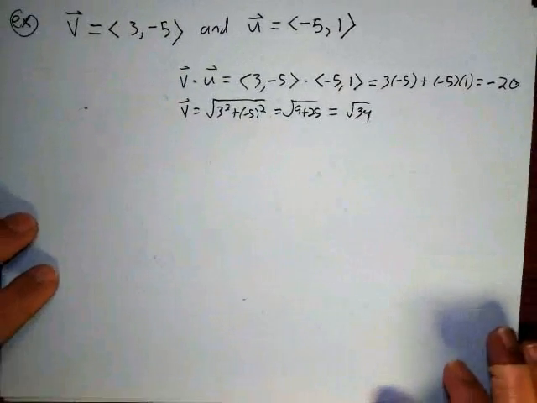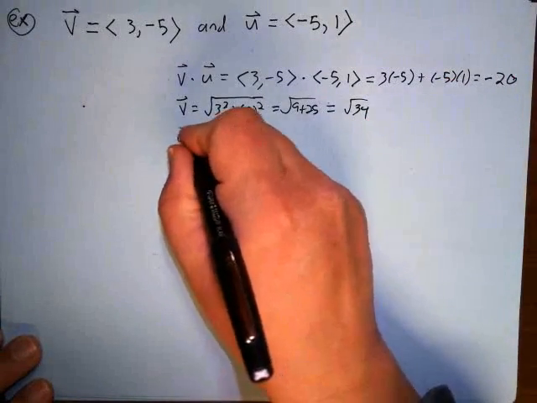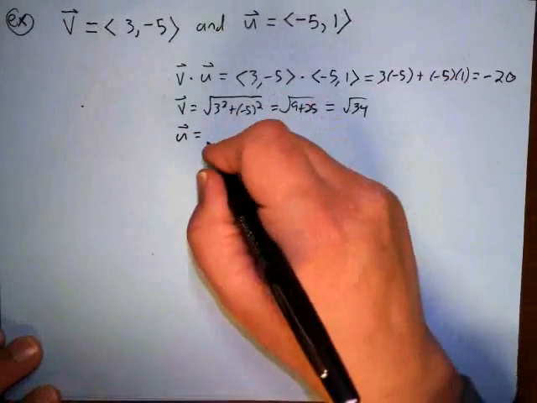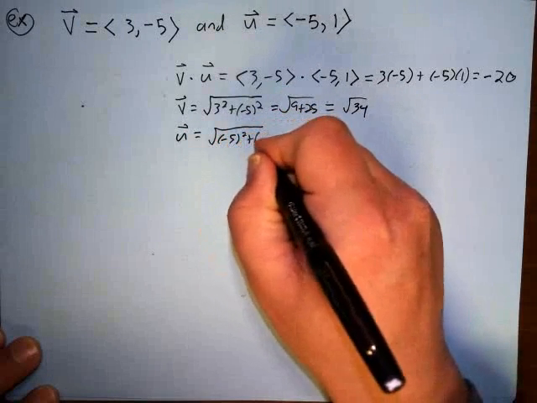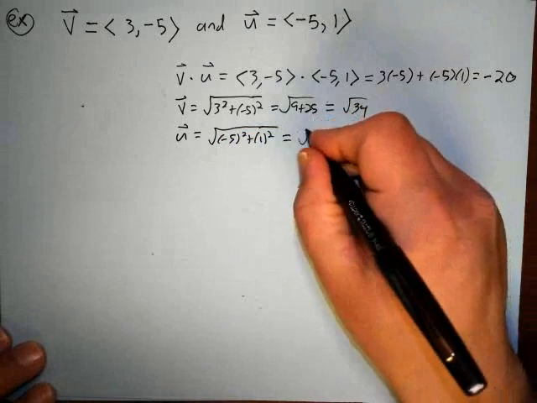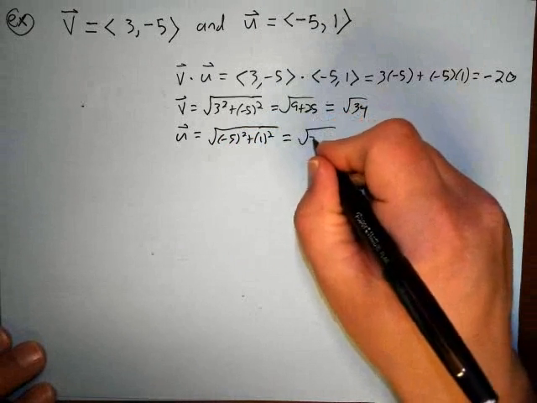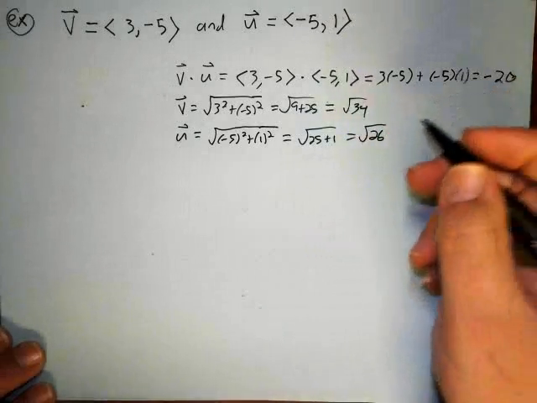Okay. So now for U, the magnitude is negative 5 squared plus 1 squared. And so this is square root of 25 plus 1, which is square root of 26.